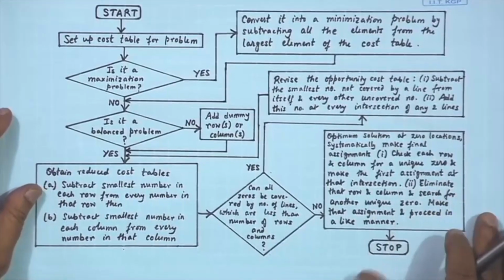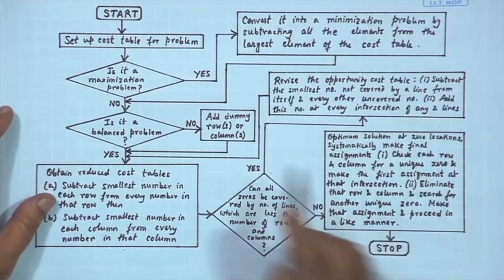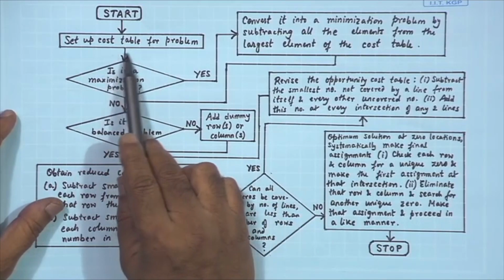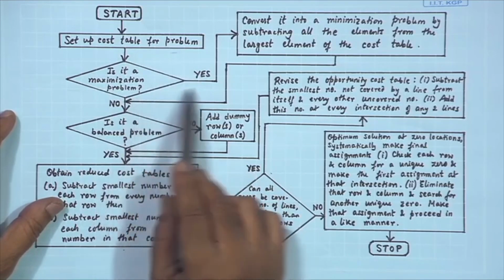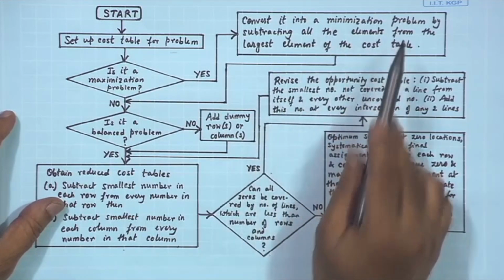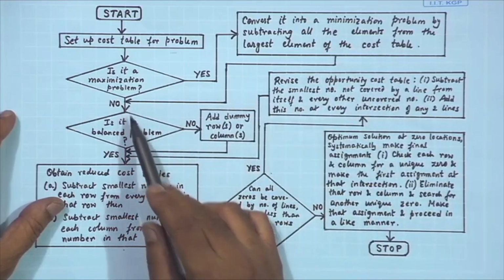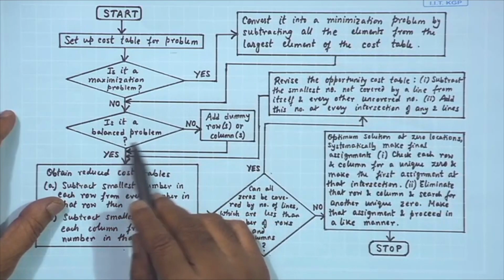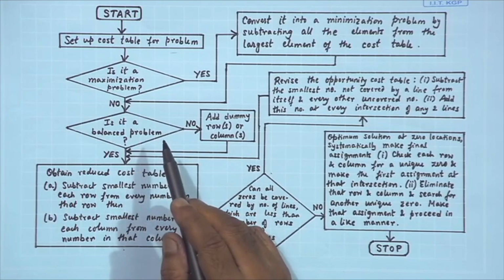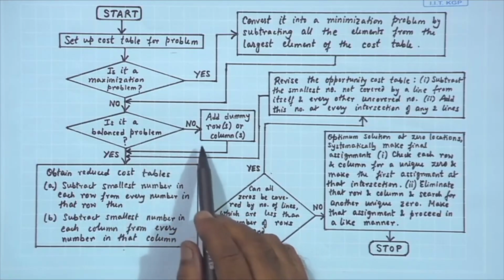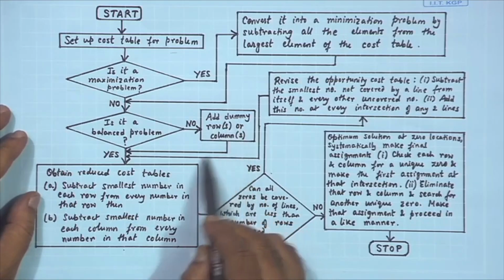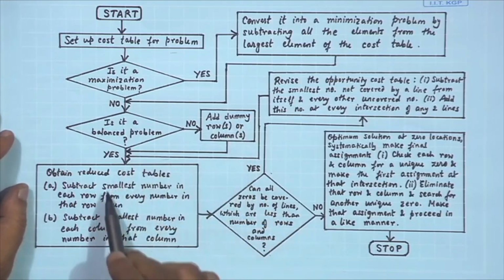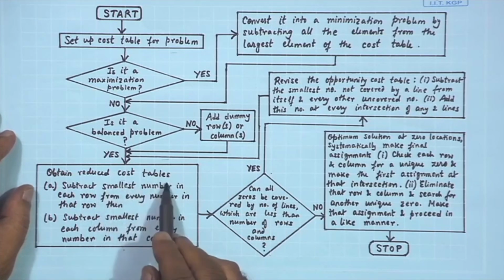For assignment, this is the basic flowchart. You start by setting up the cost table of the problem. If it is a maximization problem, then convert it to a minimization problem. If not, then we check whether it is a balanced problem or not, like we have done for the case of the assignment problem. If it is not, I am adding a row or column. After that, I obtain the reduced cost table.